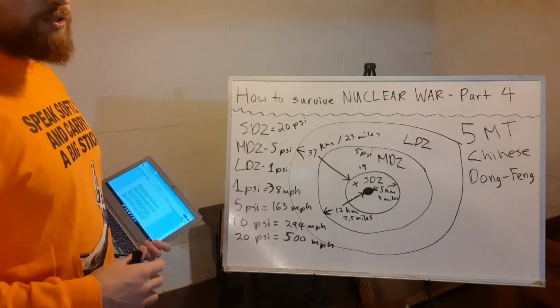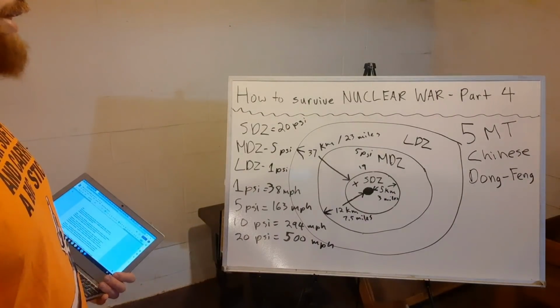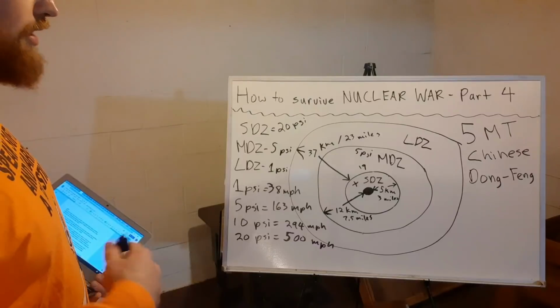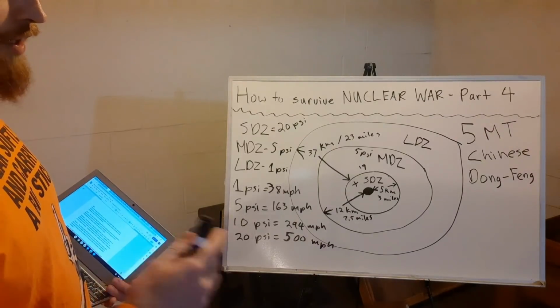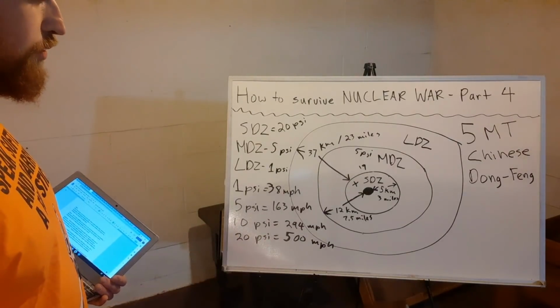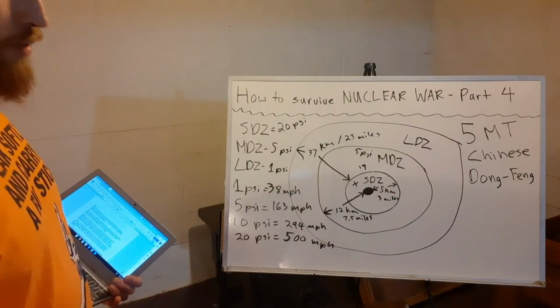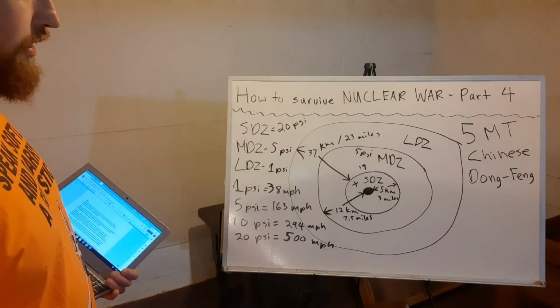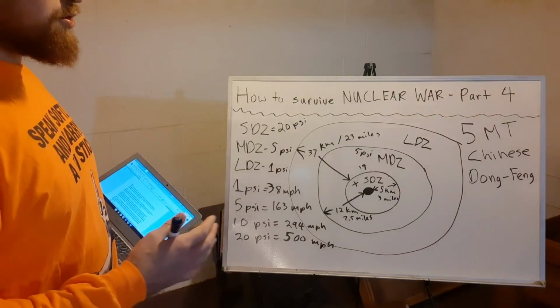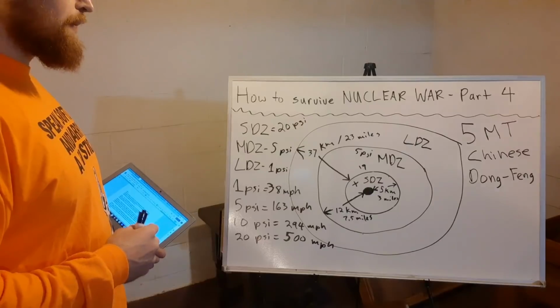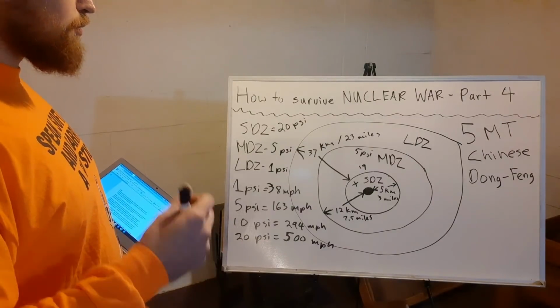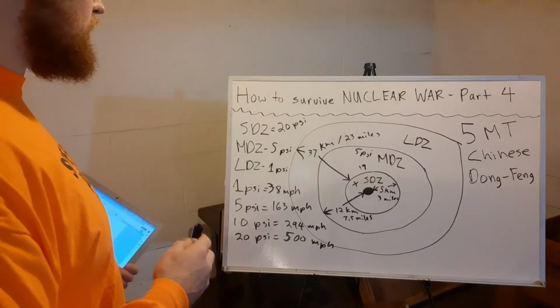That's known as initial radiation, and I talked about that in the last video, so I'm not going to explain what that is, but you have initial radiation and residual radiation. Residual radiation is your fallout, and initial radiation is the initial pulse of radiation that is released at the time of the detonation, okay?